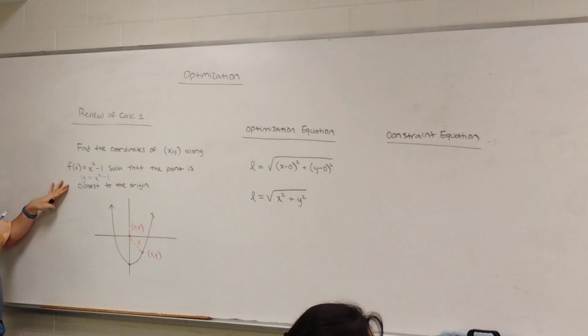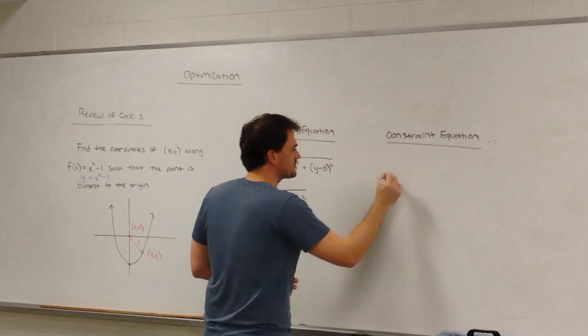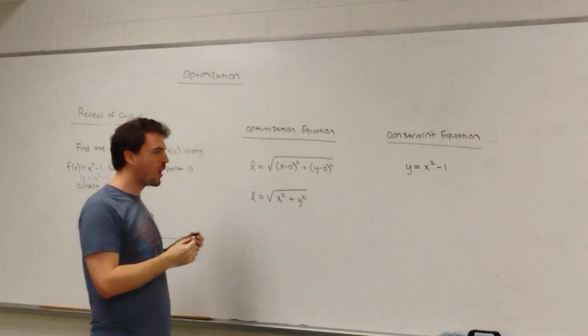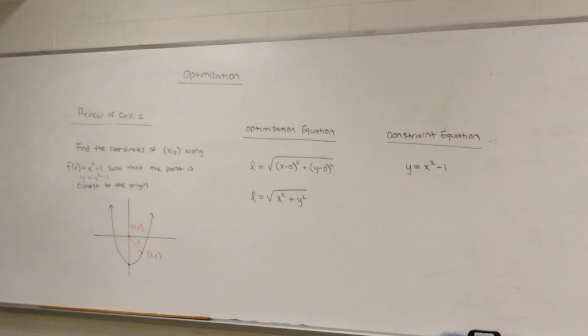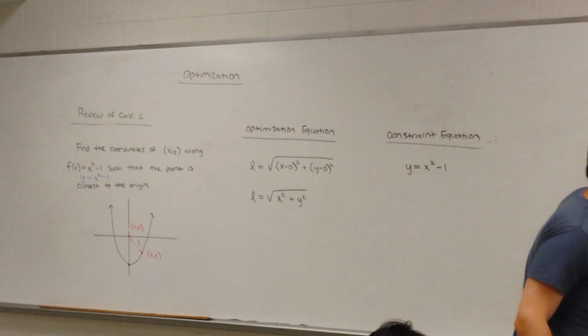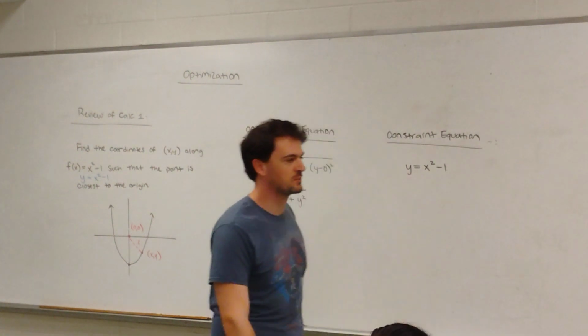There's your constraint equation. It was right in a blind spot. So y equals x squared minus 1. That is your constraint, that the y coordinate needs to equal the x coordinate squared minus 1. One more time, that's the hard part of these questions, is just the setup.